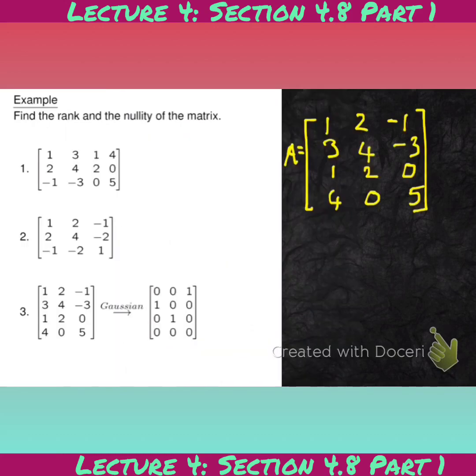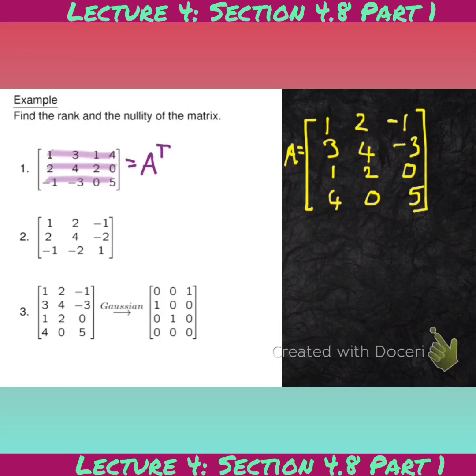All right, so let's quickly look at number 1, which is that matrix there. And by closer inspection, that matrix is actually the transpose of A. All right, so to find the rank of the transpose of A, we need to find the dimension of the row space of A's transpose.